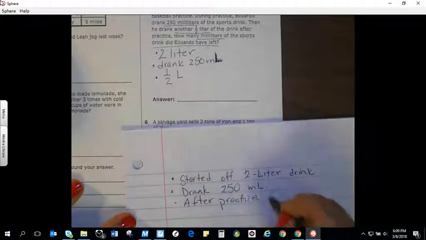Then after practice, he drank 1/2 liter. Okay? And it's saying how many milliliters, which is ml. That is so much better because then you're dealing with all those I's and L's. Does he have left?